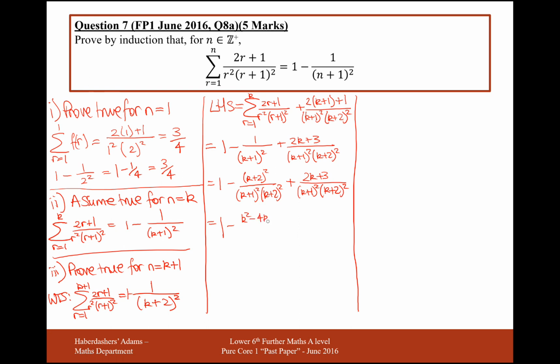So 4k plus 4. So all of this part of the fraction is going to be subtracted. And all this right-hand expression is going to be positive.